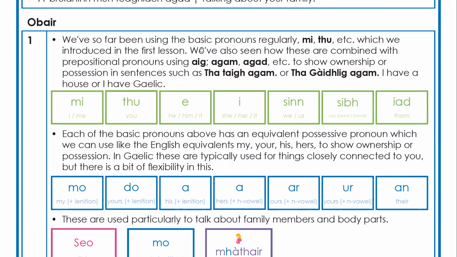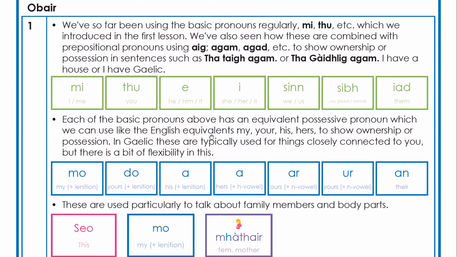We've so far been using the basic pronouns regularly, so mé, tú, é, í, sinn, sibh, iad, which were introduced in the first lesson. We've also seen how these are combined with prepositions to form prepositional pronouns.